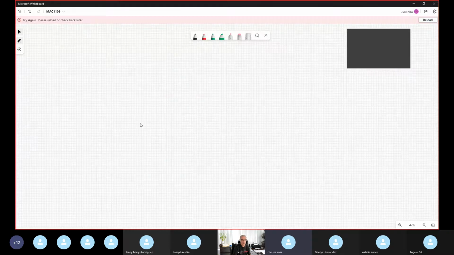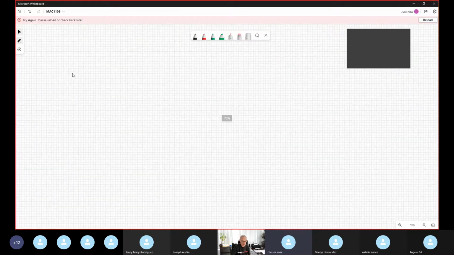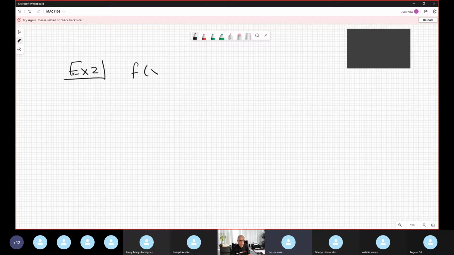Example 2. Example 2 is a little bit different because the function is given not in vertex form. It's given in standard form: 3x squared plus 12x plus 5.